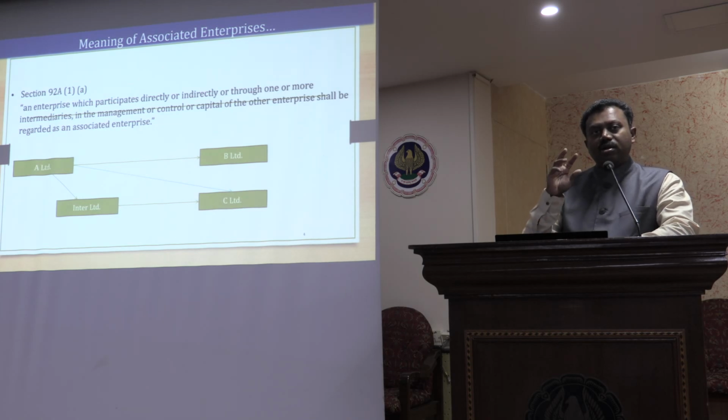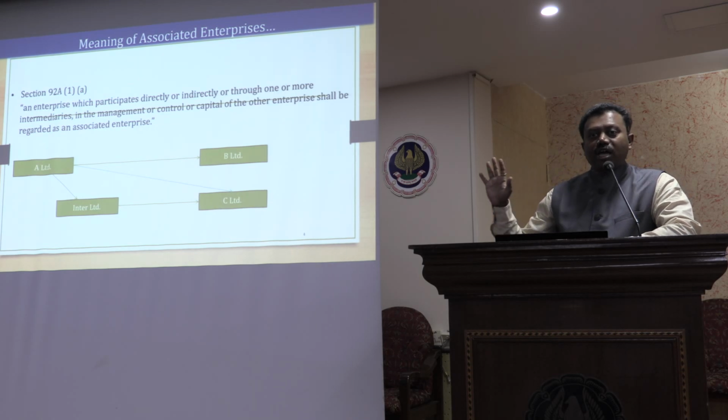This is how a transaction or an investment structure can be there. Okay, we will come back to this. Now, because of the relationship that exists between these entities, the transaction with Inter Limited will be subject to related party transaction, that is the associated enterprise.